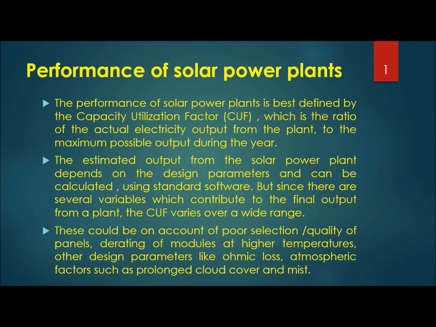So it is essential therefore to list the various factors that contribute to plant output variation. The performance of the power plant, however, depends on several parameters, including the site location, solar insolation levels, climatic conditions, especially temperature, technical losses in cabling, module mismatching, soiling losses, etc.